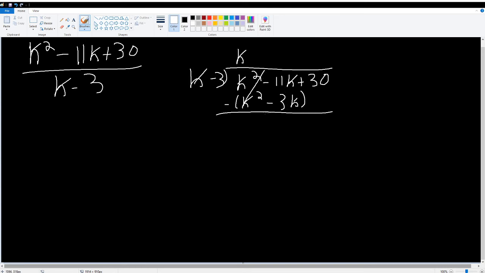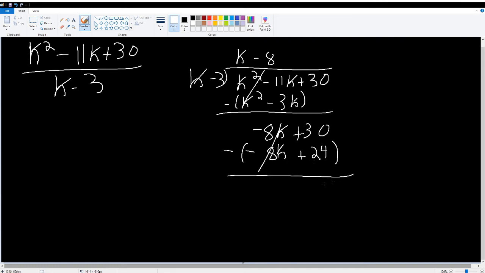Negative 11k plus 3k is negative 8k, plus 30. k goes into negative 8k negative 8 times. Minus 8k plus 24. Remember, this is all being subtracted. The 8k's cancel out. 30 minus 24 is 6. So I get k minus 8 with a remainder of 6, and obviously we can add that as 6 over k minus 3.